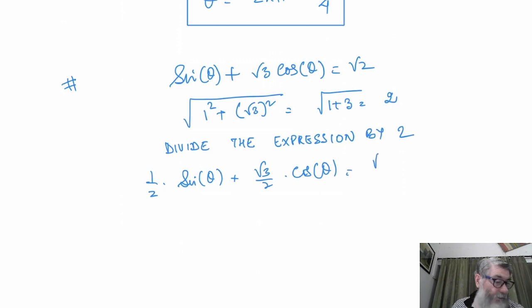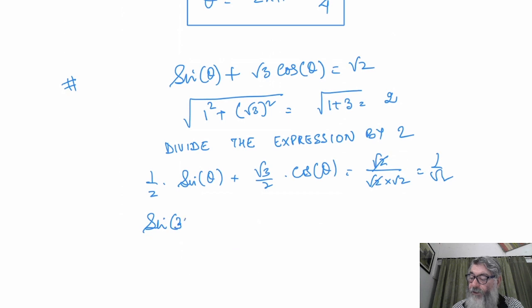Again there could be two answers. I can write it as sine 30 sine theta plus cos 30 cos theta.